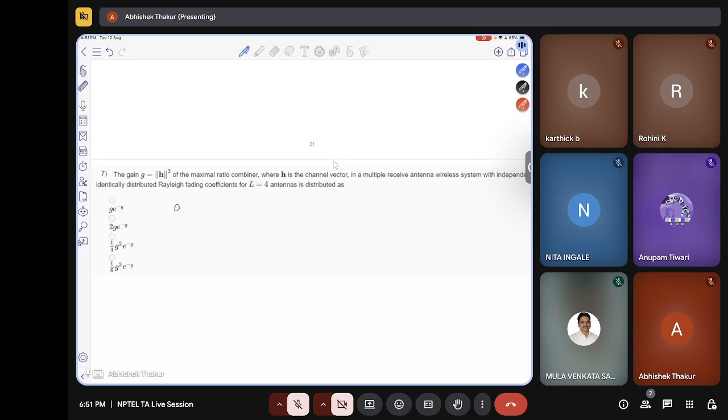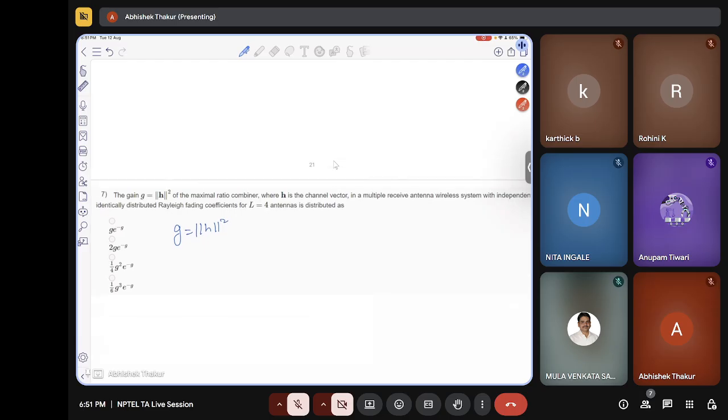The gain G of the maximal ratio combiner is given as mod of h squared, where h is the channel vector in a multiple receive antenna wireless system with independent identically distributed IID Rayleigh fading coefficients for L is equal to 4 antennas.